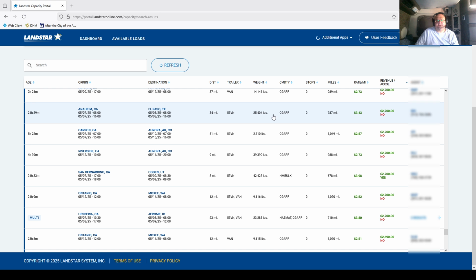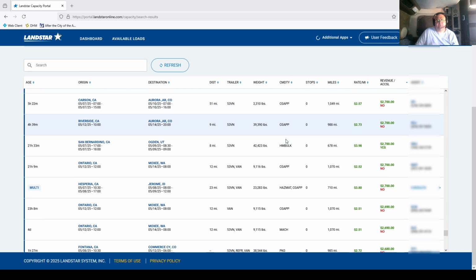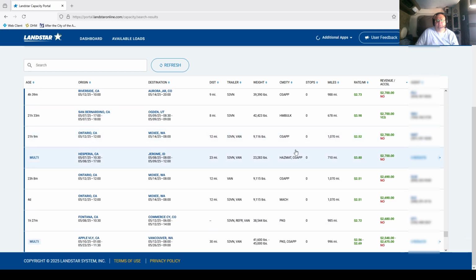Anaheim to El Paso, 800 miles, $3.43 a mile, $2,700. Not bad. San Bernardino to Ogden, Utah, hazmat bulk, max weight, $4 a mile, $2,700.